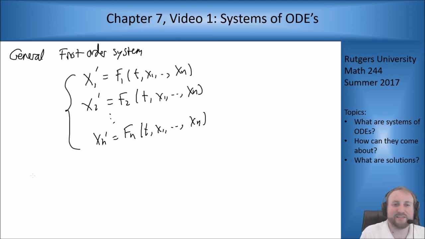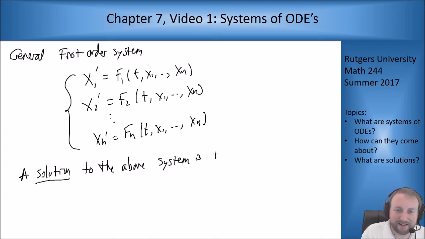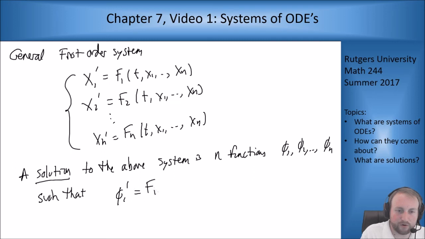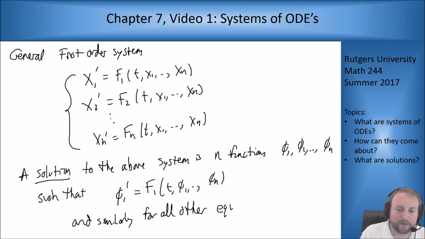Now, what do we mean by a solution to a system? A solution to the above system is n functions, phi1, phi2, up through phi n, such that phi1 prime equals f1 of t, phi1 through phi n, and similarly for all other equations, there are n of them, for all t on some interval.